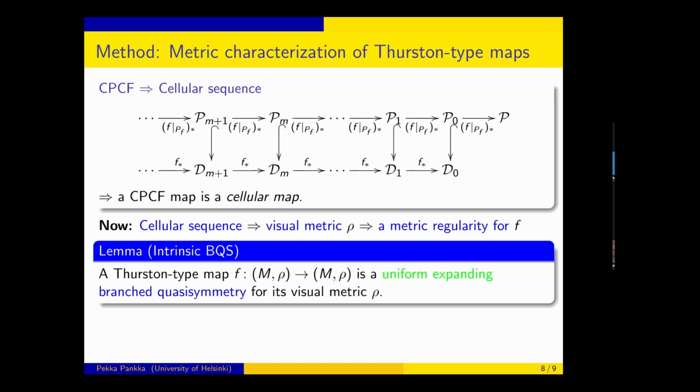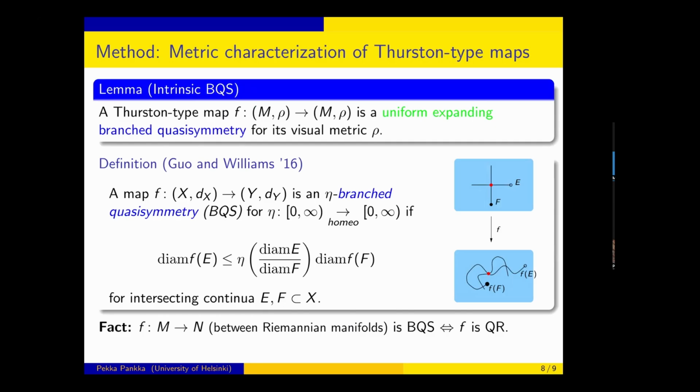So what is the branched quasisymmetry? This is a definition of Guo and Williams from about 10 years ago. And I used this with Jeff Lindquist earlier to study extensions of quasi-regular maps. But it turns out that this has a great dynamical counterpart here.